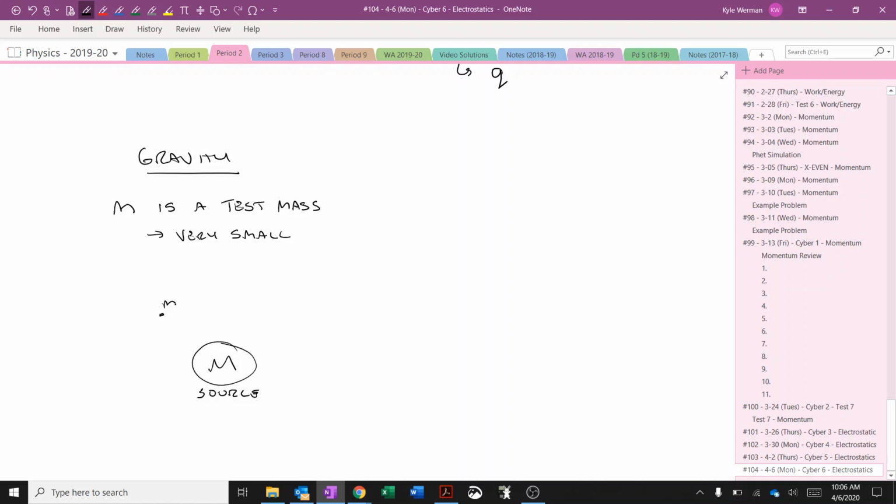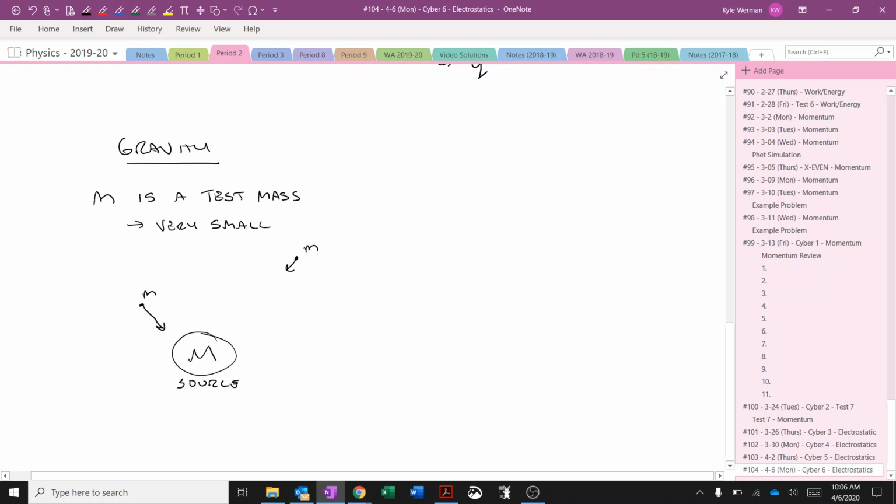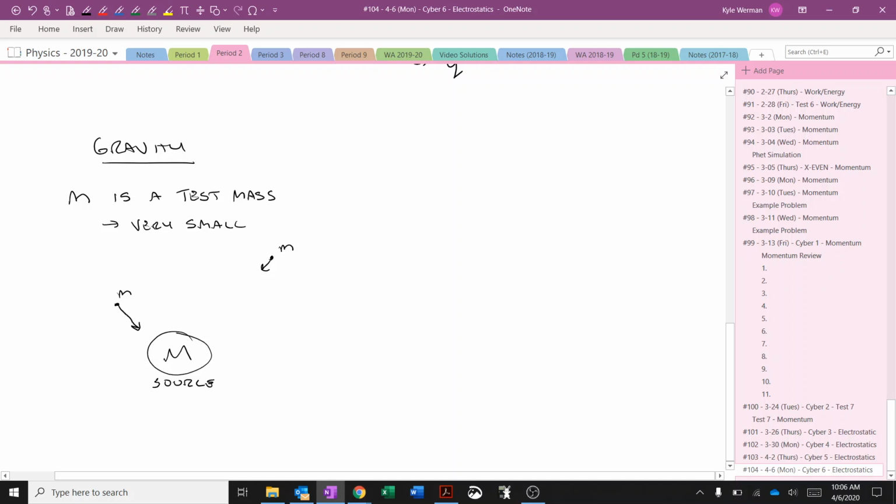Well, hopefully you're telling me there will be a force vector acting on m to pull it inward. And if I had another m that's way out over here, that force vector would also point inward, but as we learn in gravity, it's going to be smaller. As you move further away, you have less force, so I'm going to draw a smaller arrow. Well, it turns out an electric field acts in a similar way.